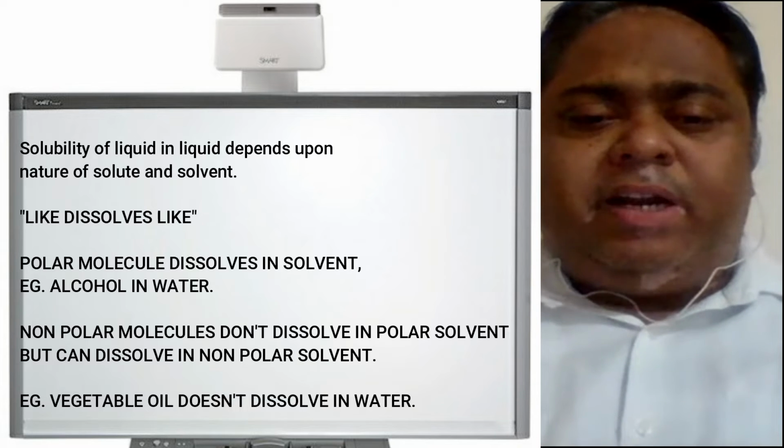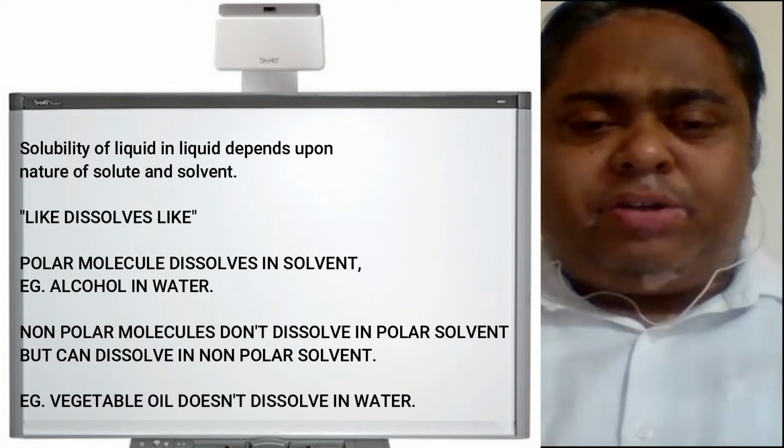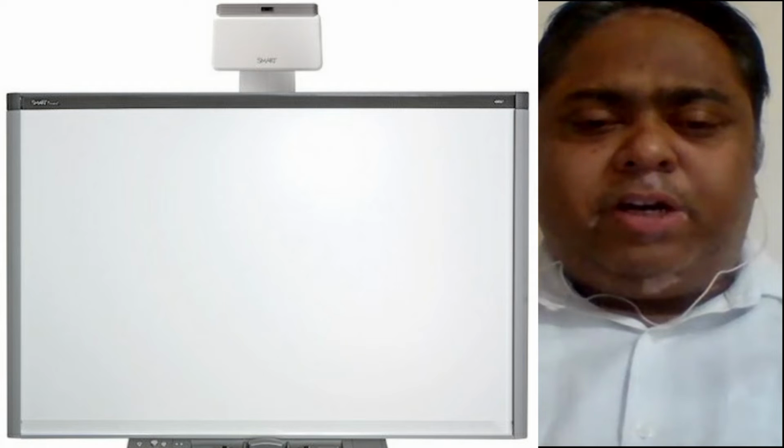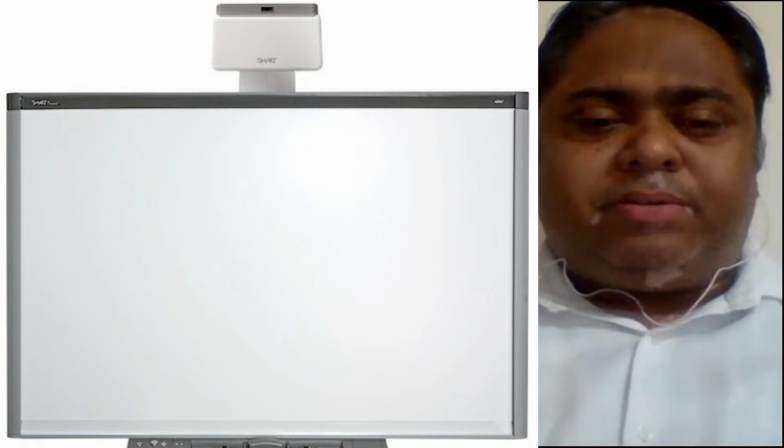Now we will study a little bit more about the effect of pressure on the gas, to find out what will be the effect on solubility of a gas in a liquid due to increase in pressure.